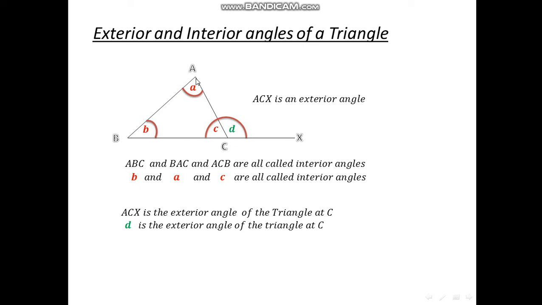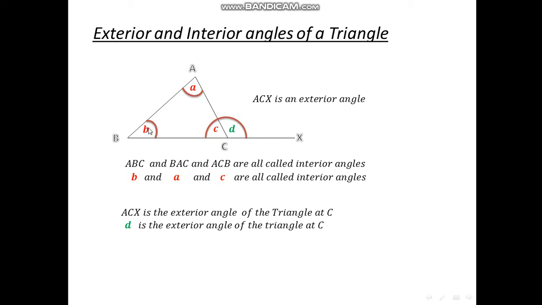This is the point A of the triangle, this is the point B of the triangle, and this is the point C of the triangle. So this exterior angle is adjacent to point C, not A, not B. Why? Because A and B are opposite to the angle. They are not adjacent. So we have adjacent and opposite. Opposite is far away. Which angles are far away from D?